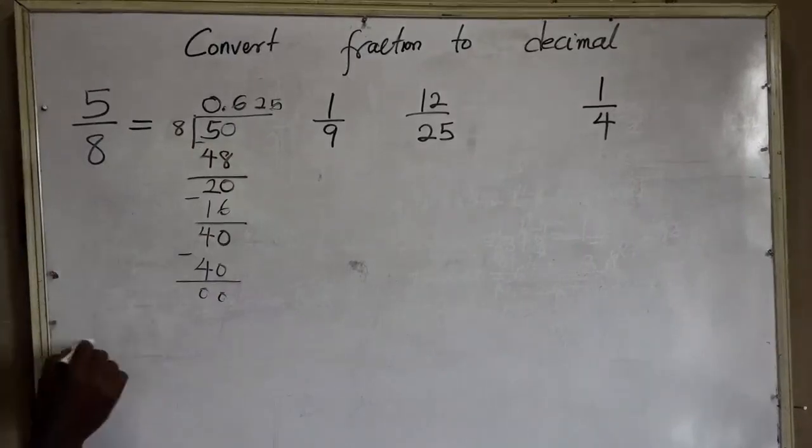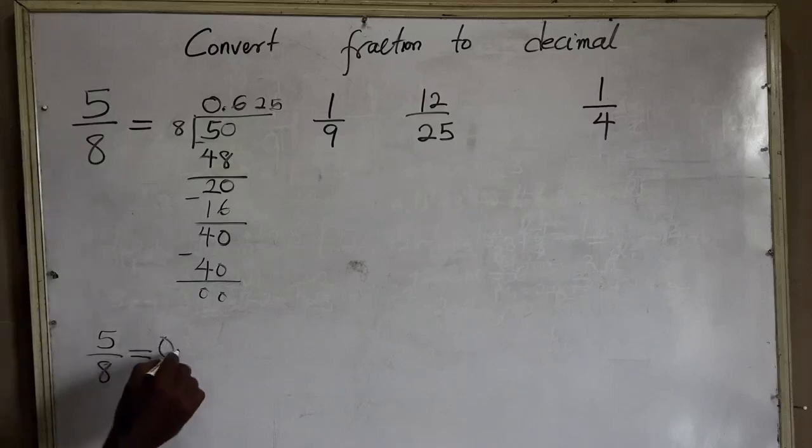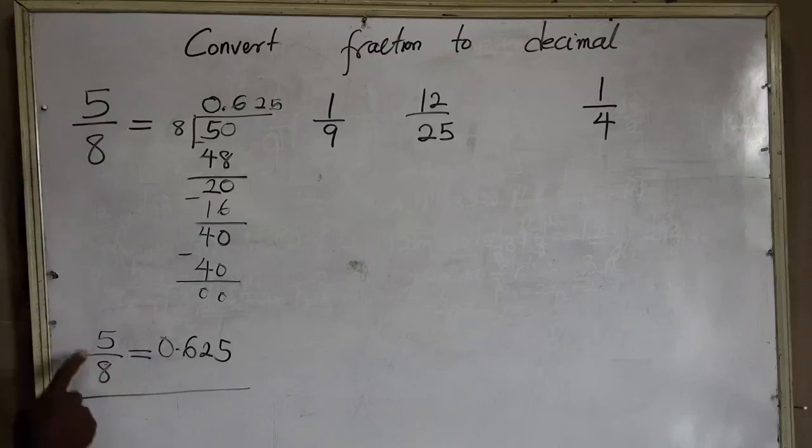Now this is telling us that 5 over 8 in fraction will give us 0.625. So this is the answer for this fraction. This fraction is 5 over 8.